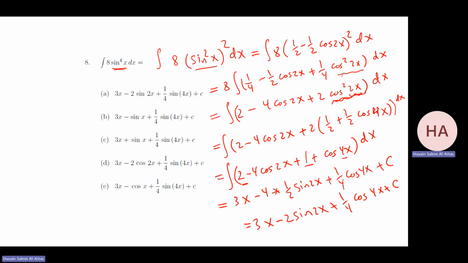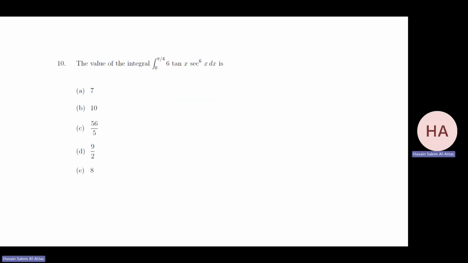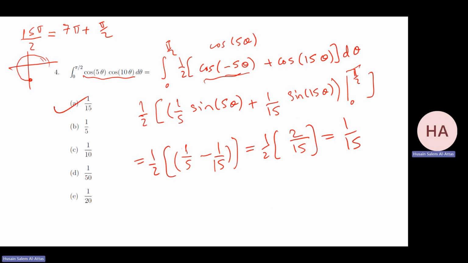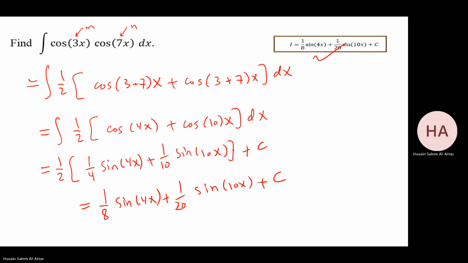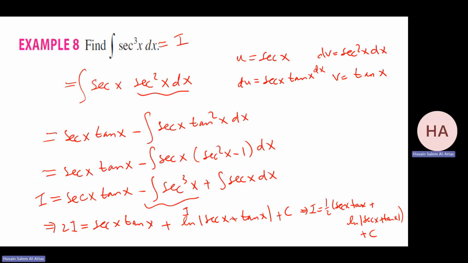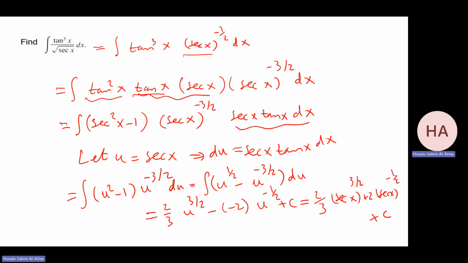What is it? Which is this one? Okay. 6 tan x secant to the power 6. Yeah, this one, if you notice, I can do any one of them. It's up to me because it will work for both cases.